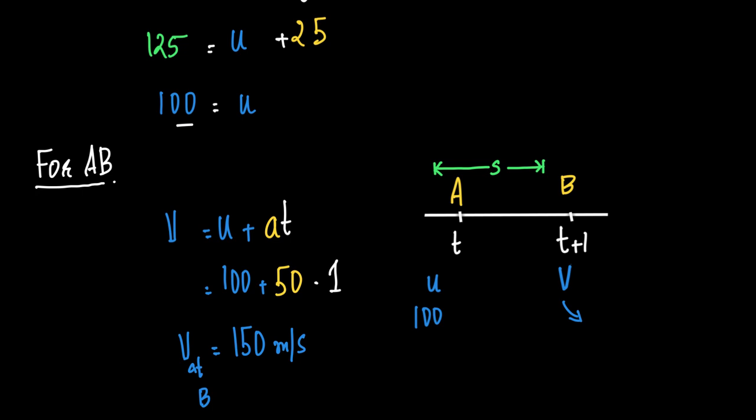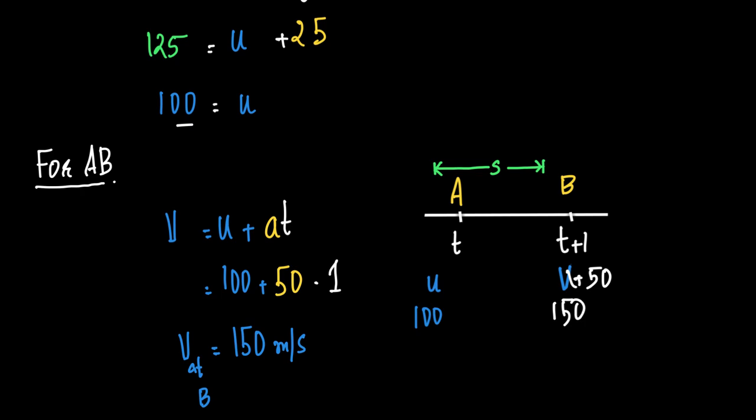Now, according to the question, at t plus 1, the increase in velocity is 50. So if the velocity at t is 100, the velocity at t plus 1 would be u plus 50, which is 100 plus 50, which is equal to 150.